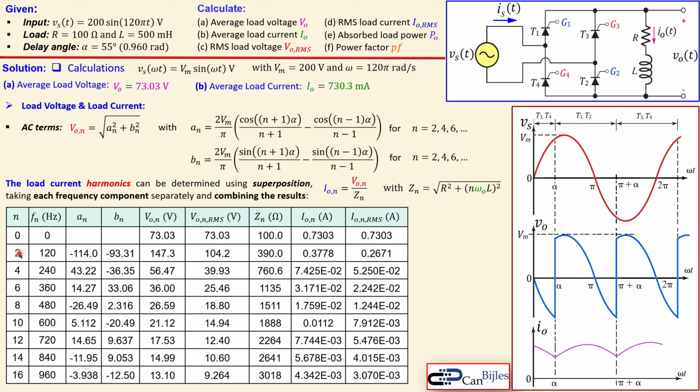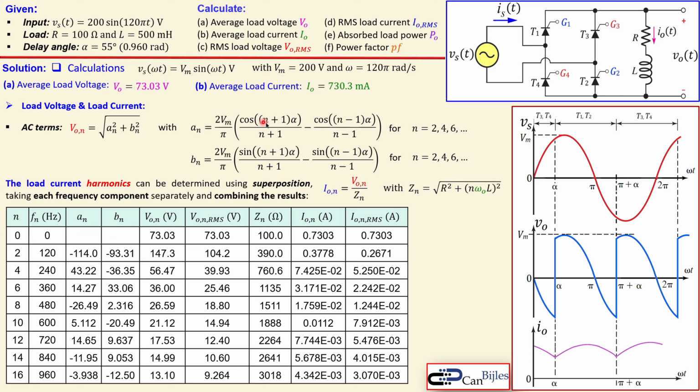Now we go to the second harmonic, which is n equals 2, which is 2 times the 60 Hertz. That means 120 Hertz. And that will go in here. And then we'll also multiply it by 0.5 and do the math here, and you get the impedance of 390 ohms. Now for A2 and B2, those can be calculated using these two formulas.